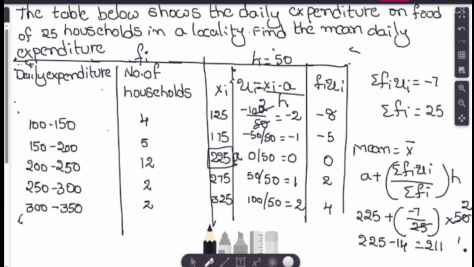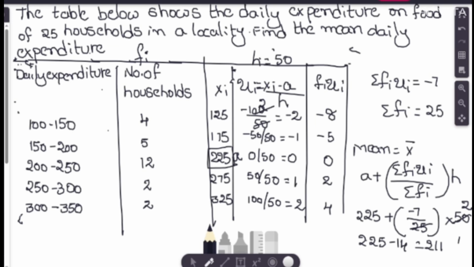You observe we got the same answer in the three methods. We can choose any method, but if they didn't ask for any method, you can directly do the direct method. If you are having any confusion with these two methods, you can do the direct method. Otherwise, if it is easy for you, do step deviation or assumed mean method, anything.